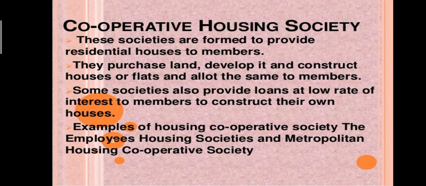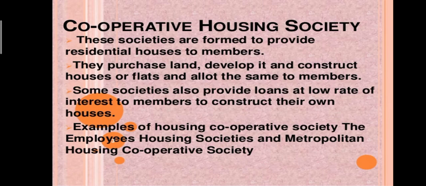The cooperative housing societies are meant to provide residential accommodation to their members on ownership basis or on rent. People who intend to build houses of their own join together and form housing societies. These societies advance loans to members.